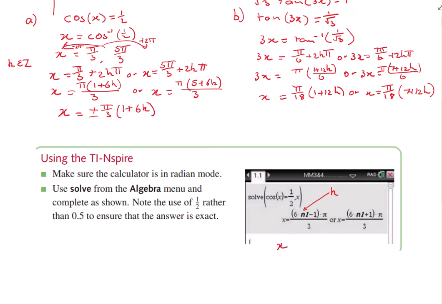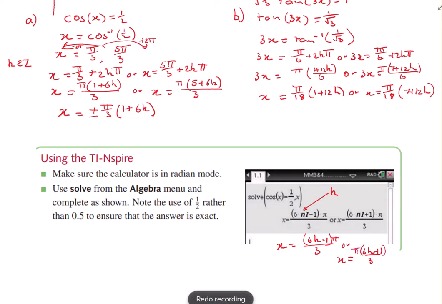So when you do your solve, x equals 6k minus 1 on 3. Now notice they put the pi at the end. I think when I did mine, I did mine at the beginning. So that's their first one, and then their other one is, or x equals 6k plus 1 on 3 by pi.